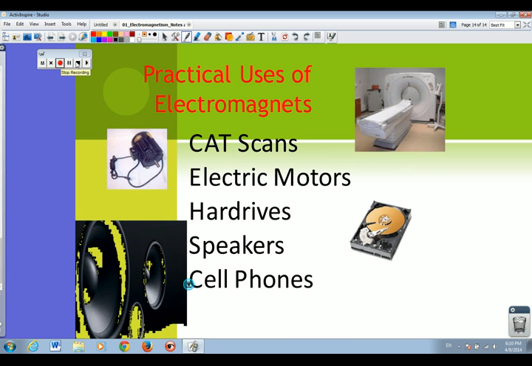How do we use this? These are in a lot of different places. If you've ever had a CAT scan, electric motors, the hard drives on your computers, the speakers in your earbuds. When I was your age, our headphones were huge because they didn't have magnets small enough to make small earbuds. And then somebody figured out how to make them really small by putting a tiny magnet in there.